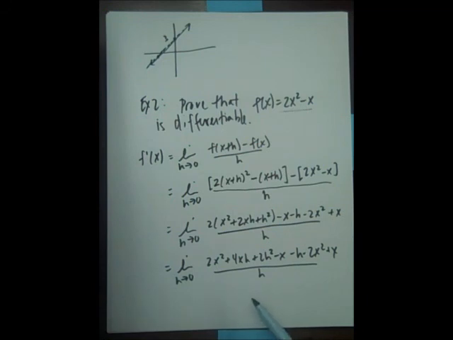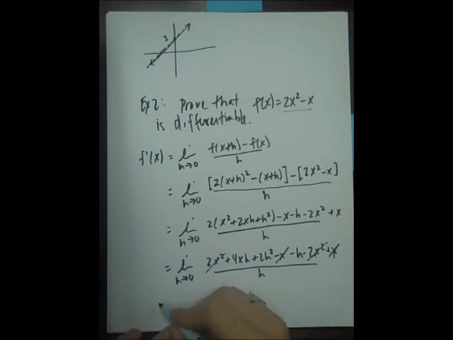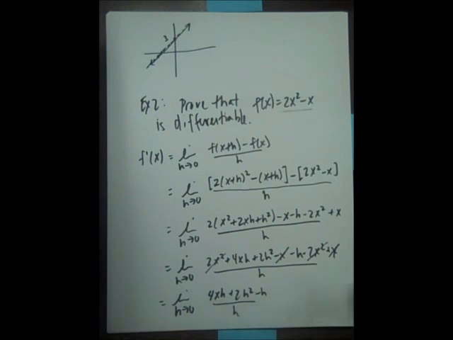Let's see what cancels in the numerator. Well, these two x squareds are going to go away. What else do I have? I have a minus x and a plus x, and I believe that's all we're going to have that'll cancel. So I am left with the limit as h approaches 0 of 4xh plus 2h squared minus h over h.